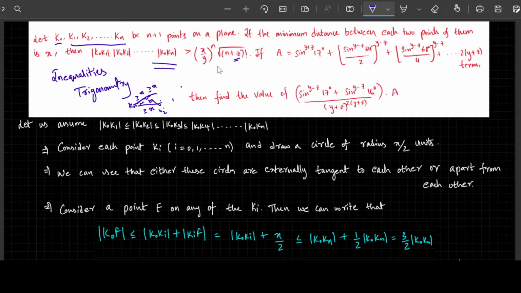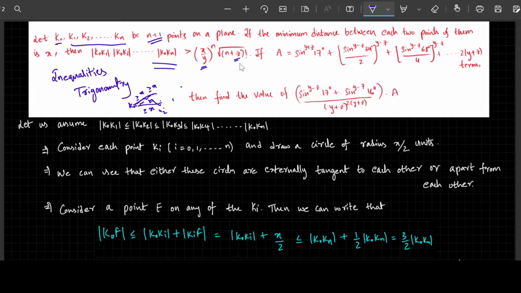So z is unknown here, y is unknown here, and x is the distance that has been given to us, so we need not find it, it's just a variable, and this whole power n, and this is root over (n plus z) factorial. So n you can just refer from here, it's from 0 till n, and these are n plus 1 points. So the total number of points minus 1 is this, and the same is the case in the factorial itself.